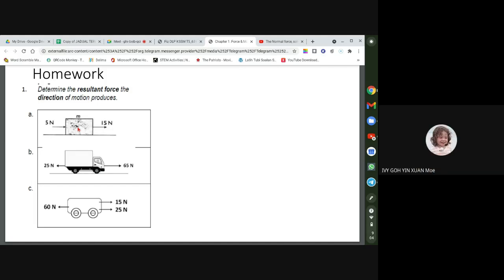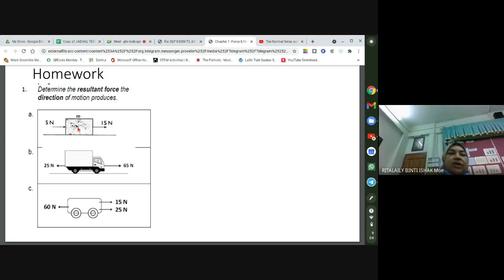Newton. Okay, so resultant force for 1A is 10 Newton. So what about the others? Do you agree that the resultant force for 1A is 10 Newton? 20 Newton. 20 Newton. So which one do you think is more accurate? 10 Newton or 20 Newton?